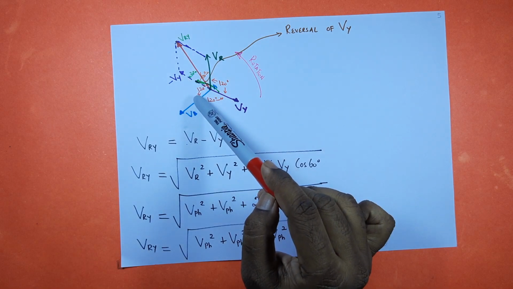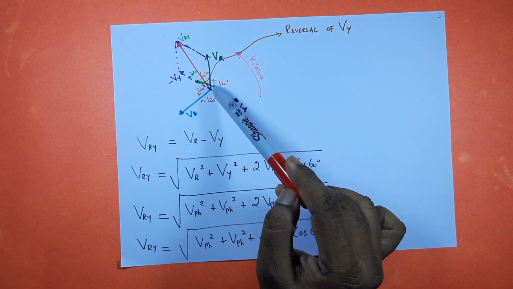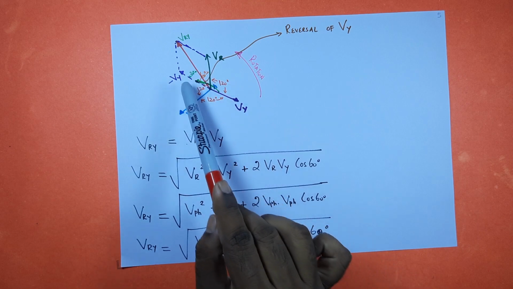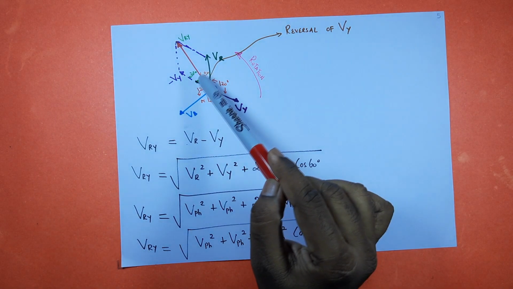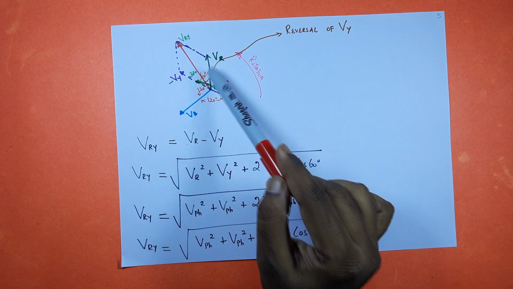Between VR and Vb is 120 degrees already. When you reverse this, it becomes minus Vy. This angle is 60 degrees.